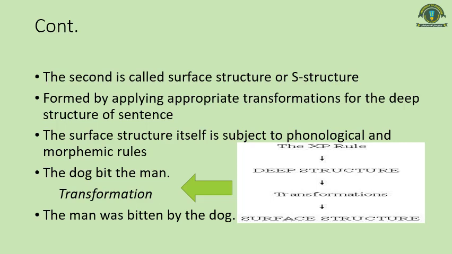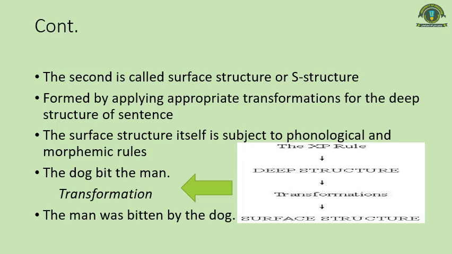The examples of these two types of syntactic structures are given just before this diagram. The example of deep structure is the dog bit the man, then transformation, and then just before the surface structure, an example is given, the man was bitten by the dog.